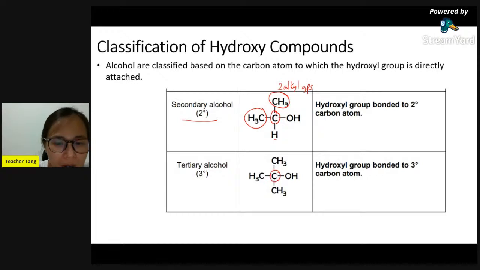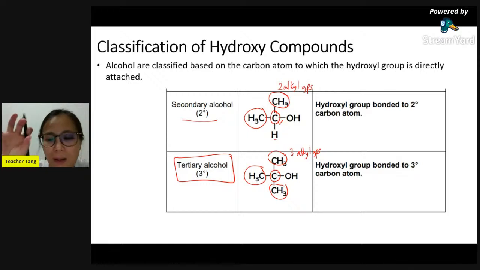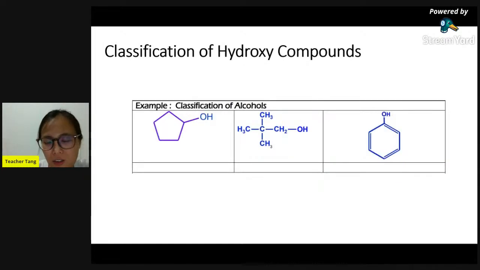Again, this is the reference carbon attached to no hydrogen, so that means it is attached to three alkyl groups. Three alkyl groups, then it is tertiary alcohol. That is how we class hydroxy compounds based on the carbon attached to the hydroxyl group. Look at how many alkyl groups are attached to it.